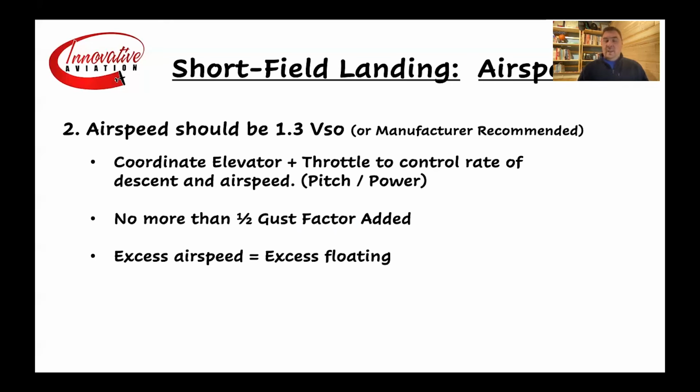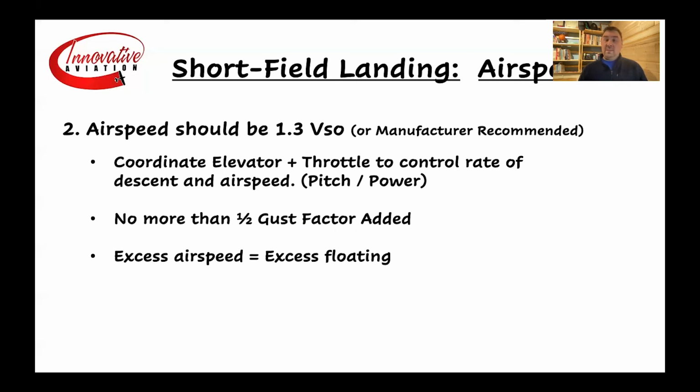But in terms of the actual approach, it still comes down to pitch and power to control the rate of descent and your airspeed. Now, if you're not flying on a perfectly calm day and you have a little bit of a wind factor, the same thing applies for a short field landing: no more than one half the gust factor will be added. So for example, if you're flying on a day where the winds are 8 knots gusting to 16, we'll take half of that gust factor.